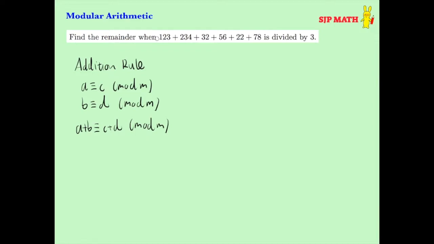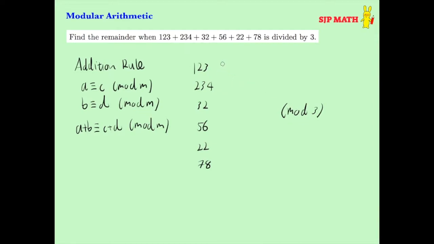So first let's list out all these numbers. So 123, 234, 32, 56, 22, and 78. For each number, we're going to find its remainder when it's divided by 3. So we're going to find the number that each number is congruent to mod 3.